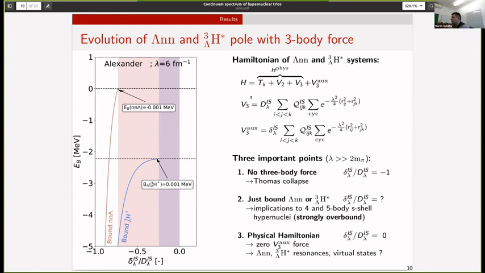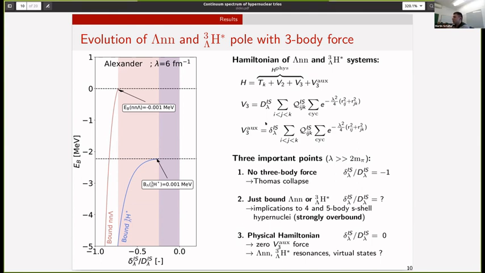The auxiliary three-body force we add is attractive, and by increasing it we basically eliminate the repulsive three-body force from pionless EFT, and we can make these two states, lambda-NN and an excited state of the hypertriton, at some point bound.